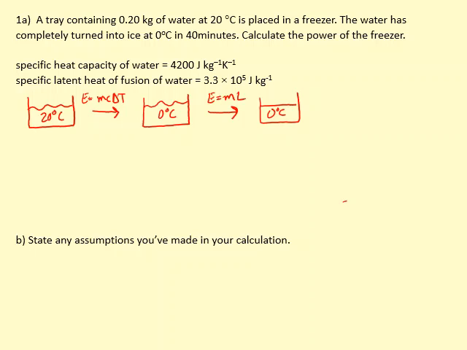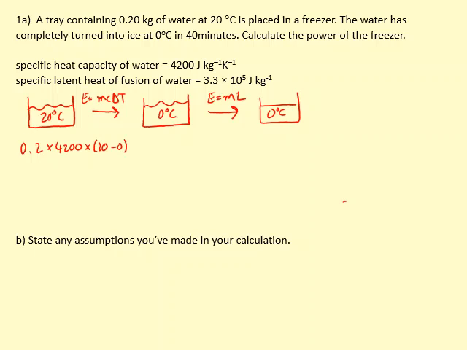Okay, so the part that requires the energy that's absorbed from the sample to cool it down is 0.2, the mass, times the specific capacity of the water, times the change in temperature, 20 minus 0.